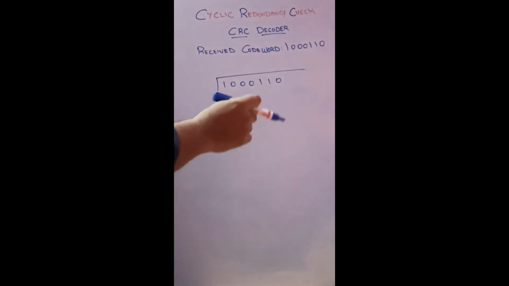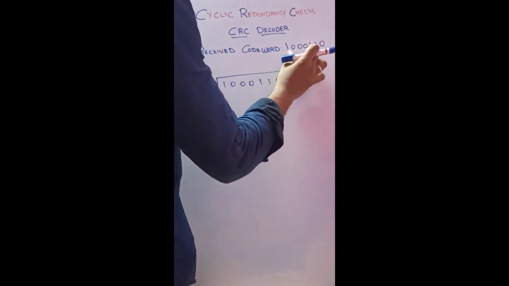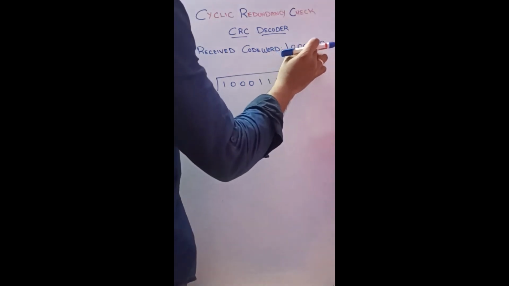But during the reception, due to noise, the original data 1001 is now altered to 1000. The receiver does not know whether the error has occurred or not before performing this CRC decoding process. So let us do this. The divisor is the same, that is 1011.